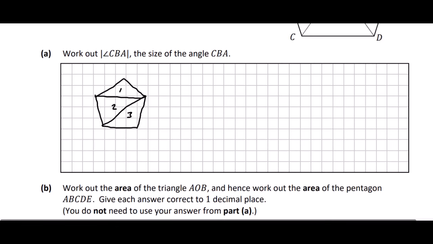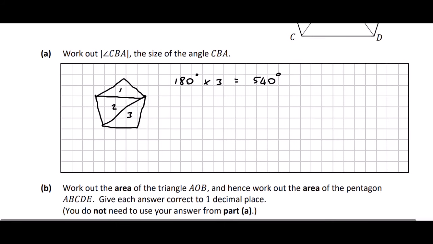Each triangle has 3 angles, and those angles add up to 180. So we have 180 degrees in each triangle. We have 3 triangles, so that'll give us a total of 540 degrees. So that just means that these angles here all add up to 540 degrees.